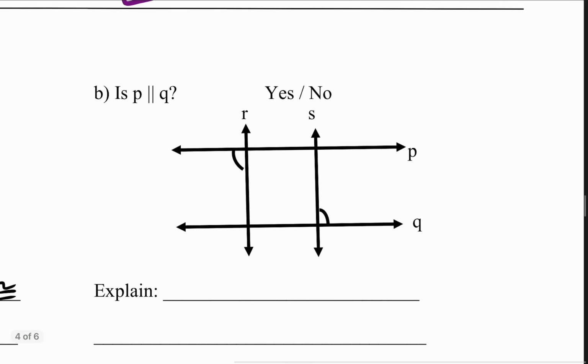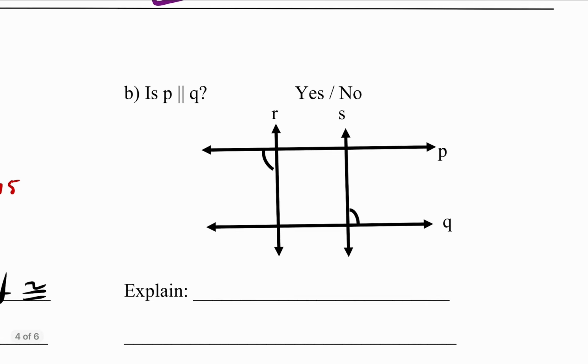Another example, very similar. In this case, let's see what we got. Is PQ, so we're talking P and Q here. So are those two lines parallel to each other? And so we're going to look at this and go, all right, well, what do I know? So vertical angles would tell me that this angle here and this angle here would match.